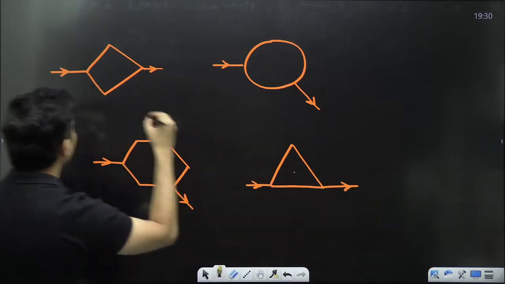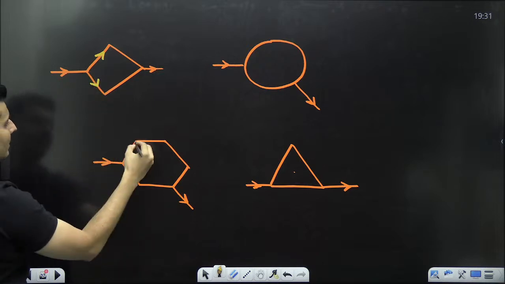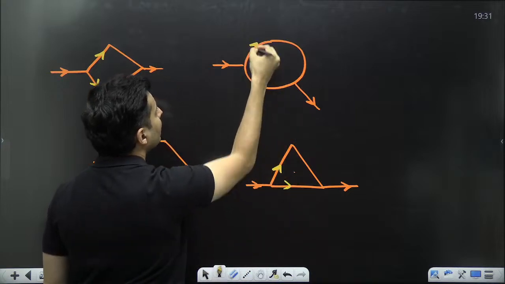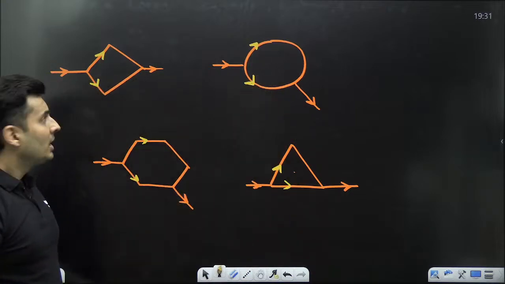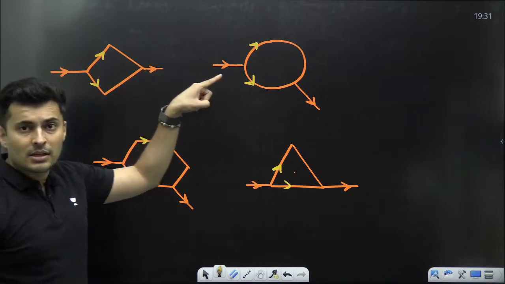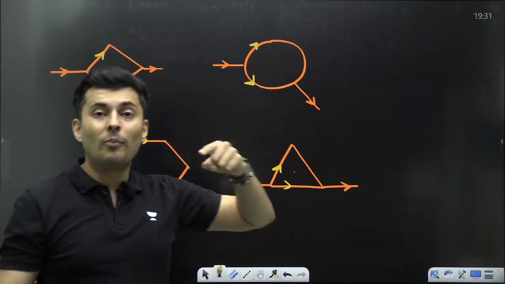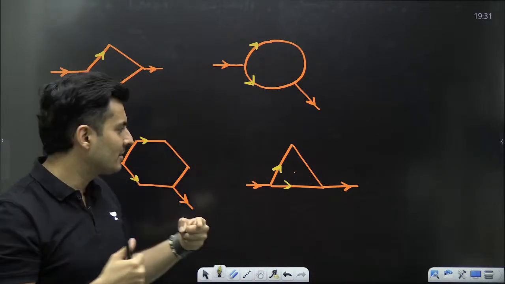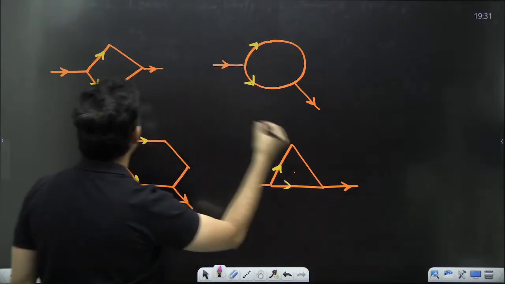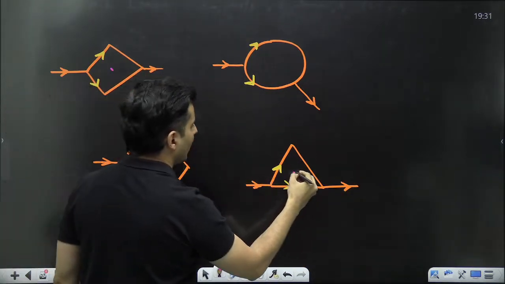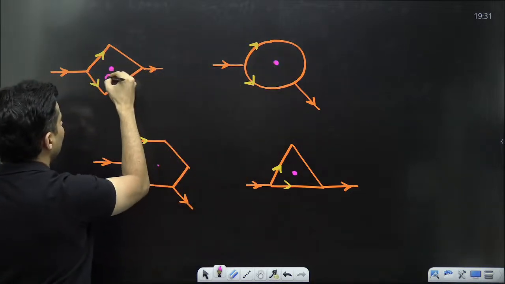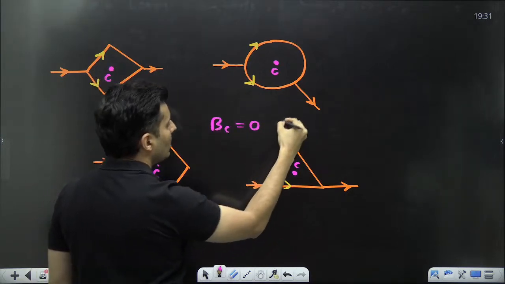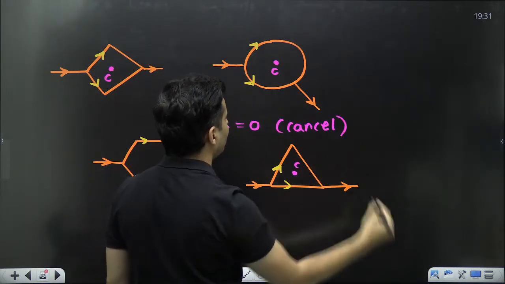The current will get distributed. Some part here, some part here, some part here. Each of these currents will create opposite magnetic fields. So you will always see that the magnetic field at the center, at all the geometrical centers, will be 0 because they will cancel out each other.